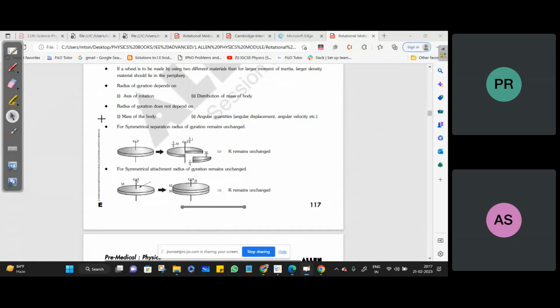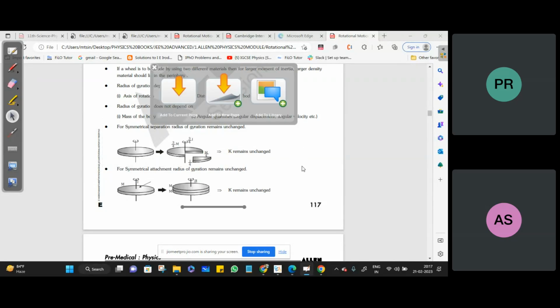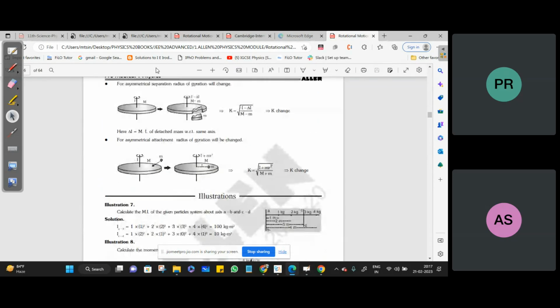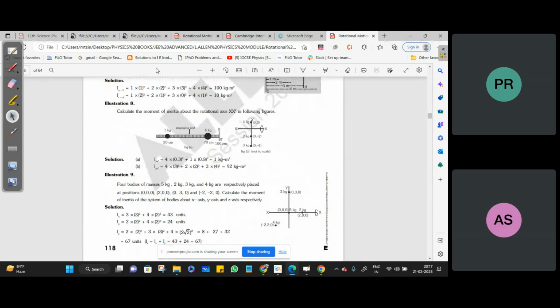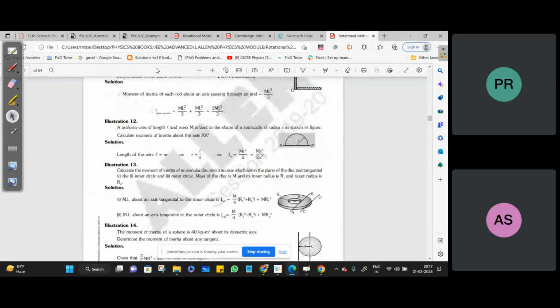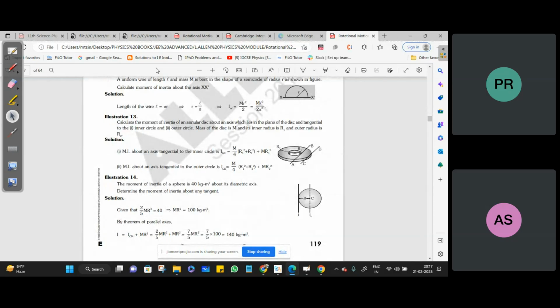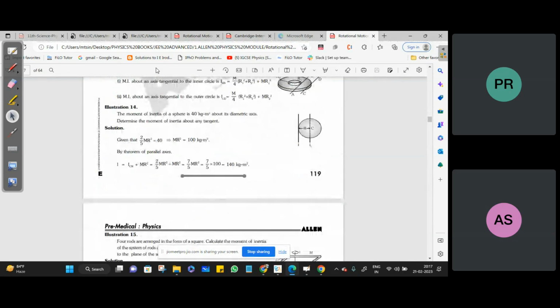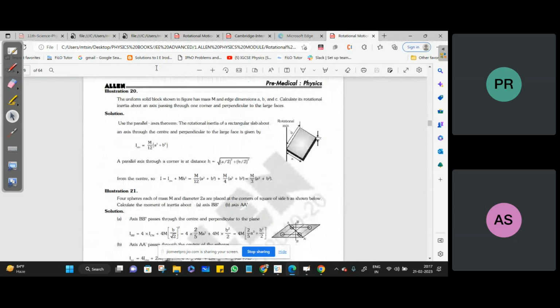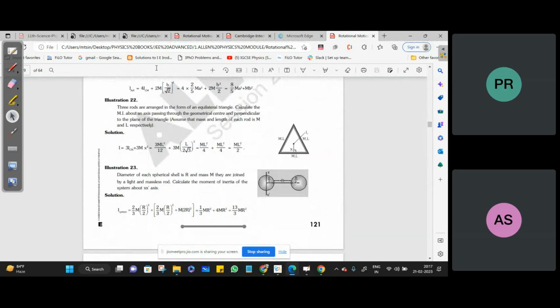Here you can see that if the shape of the body remains the same, then its moment of inertia formula will remain the same. So better you can do some questions, then you will understand. So 1 minute.